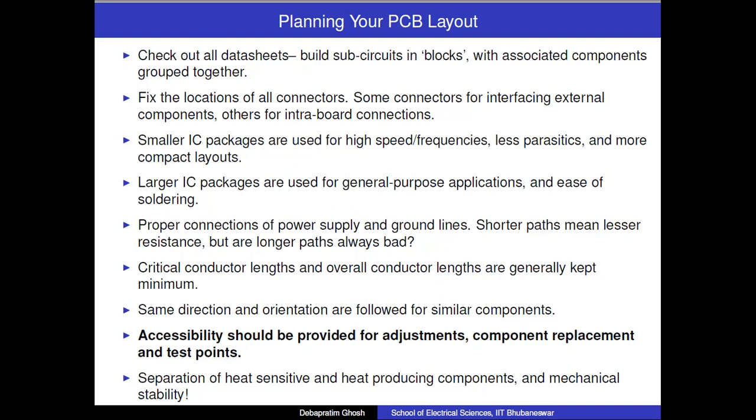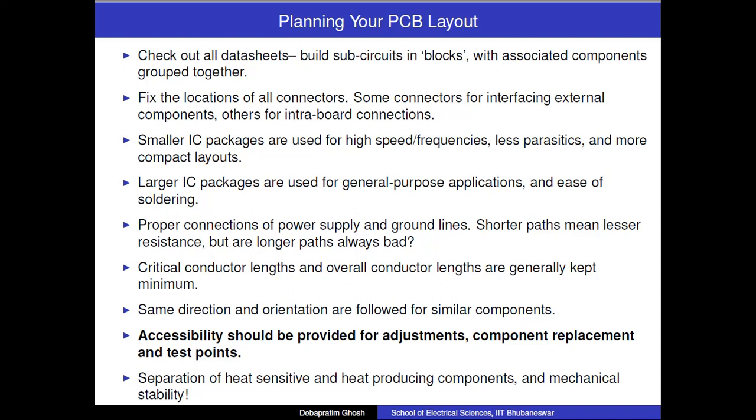Then proper connections of power supply and ground lines, which I just mentioned a few minutes back with those placement figures. Power supply and ground lines have to be designed with minimum resistance, and obviously with as short paths as possible.